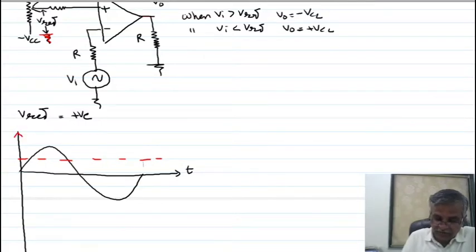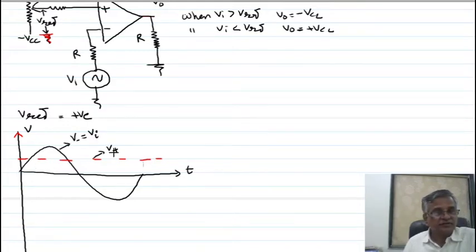This is your voltage axis. Now look here, what I have written. Vi, where you are giving? Negative terminal. This is the voltage at which point? V plus terminal. Simplest way.